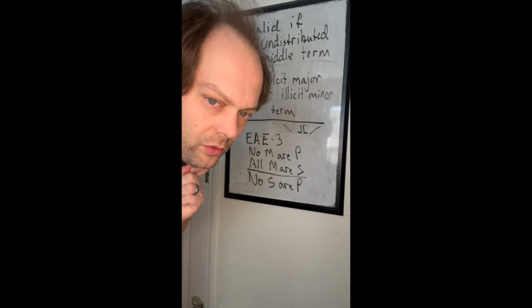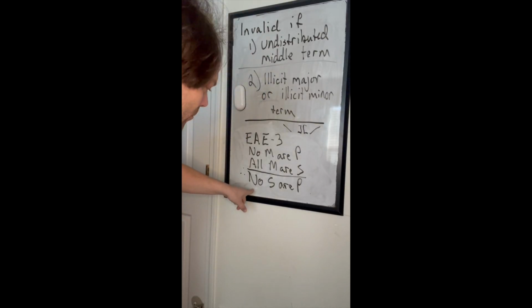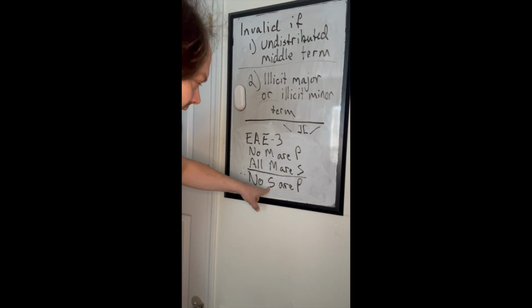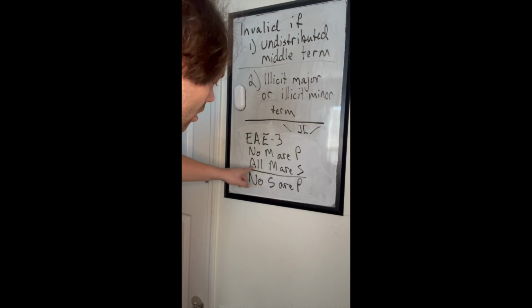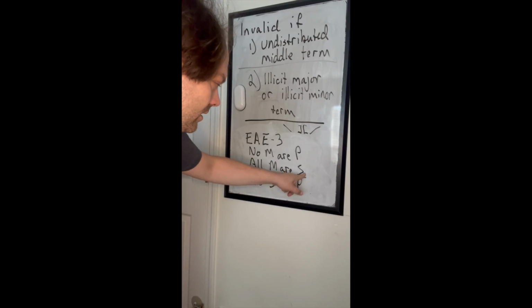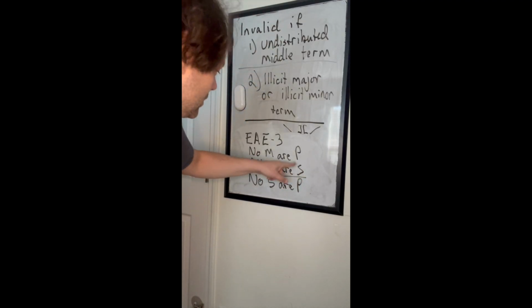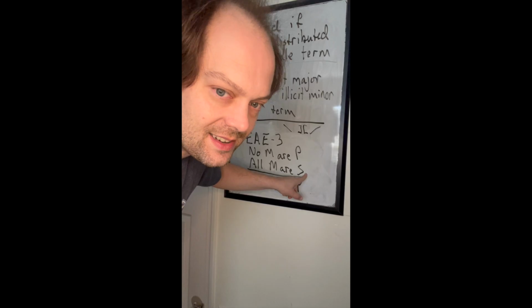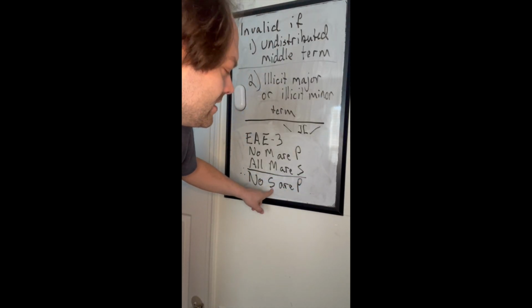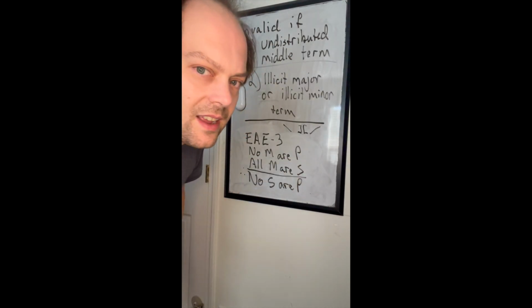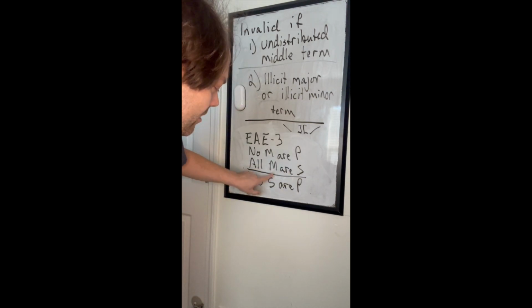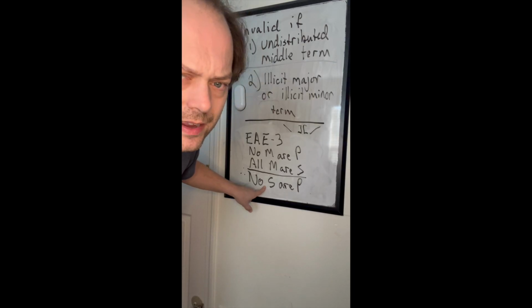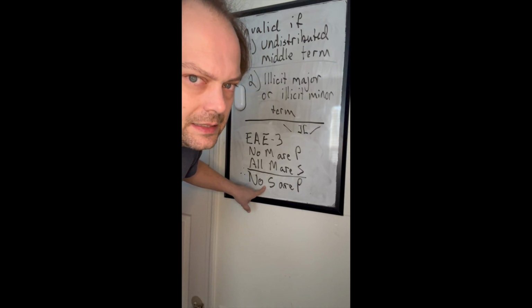But what's the rule that's violated here? And what we're going to find is that, hey, S needs to be distributed. If we don't say something about all the whales, or whatever, all the aquatic things, then we can't conclude that no aquatic things are whales. It doesn't work because we didn't say anything about all the S's here, but we are concluding something about all the S's.